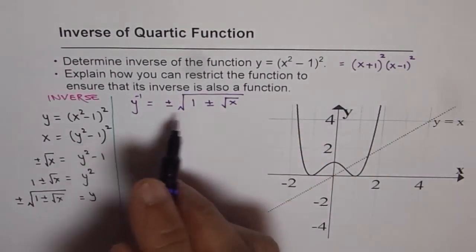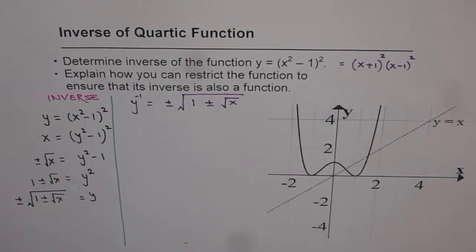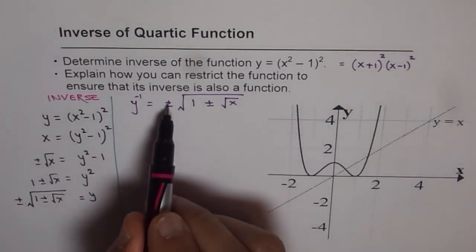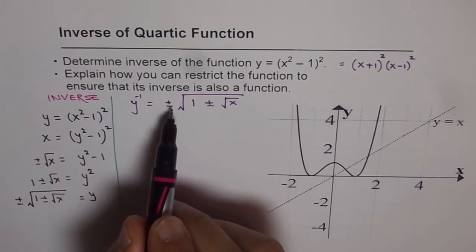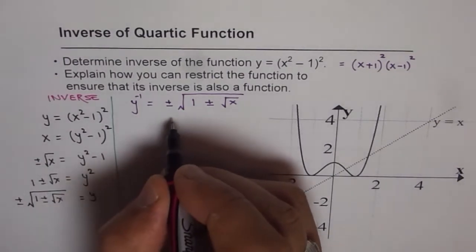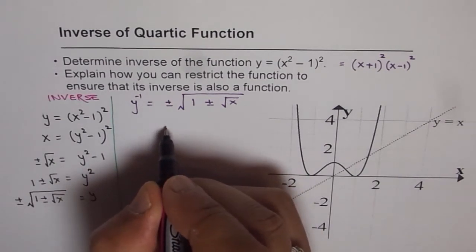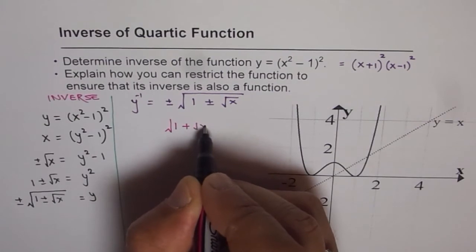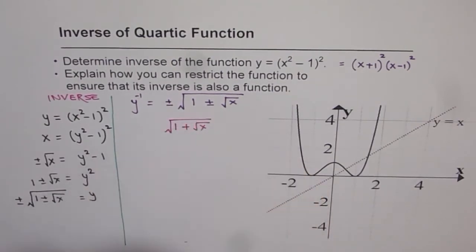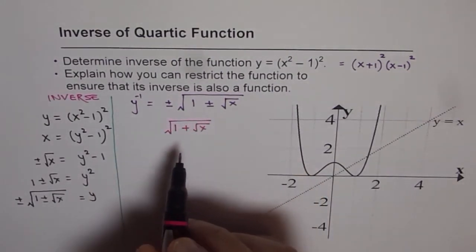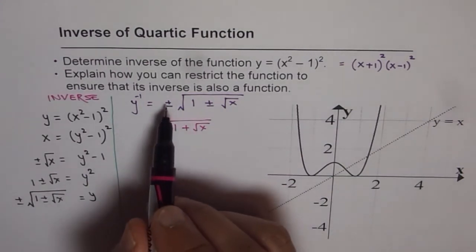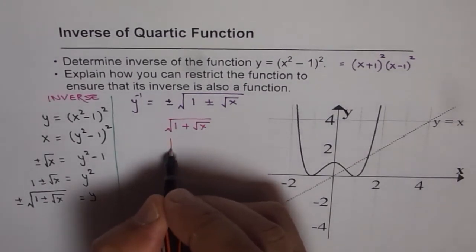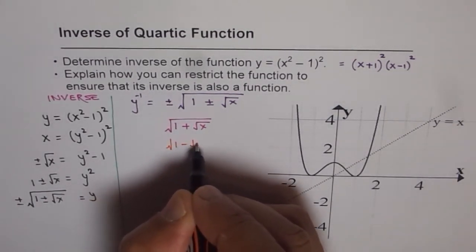So it's a combination of 4 different functions, as you can see. Let's write down the functions with plus sign first. We could write one function as the square root of 1 plus square root of x. The second function could be with plus sign and minus inside, so let me write that function as the square root of 1 minus square root of x.